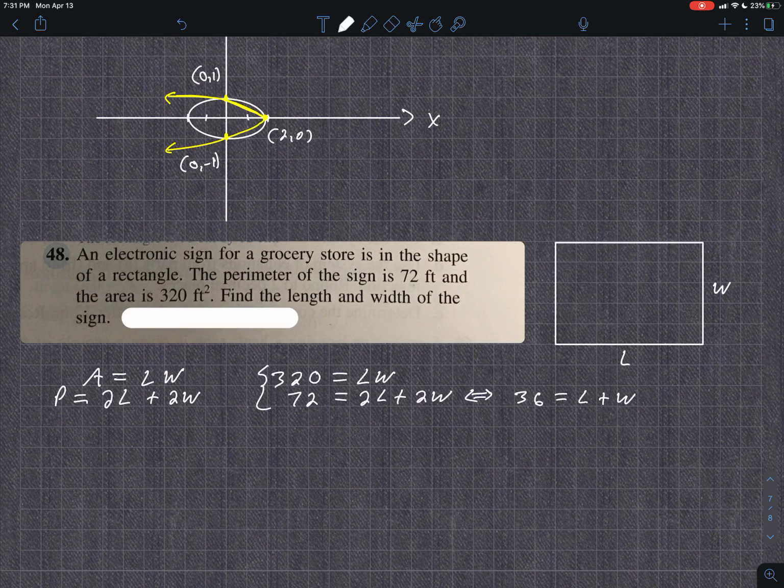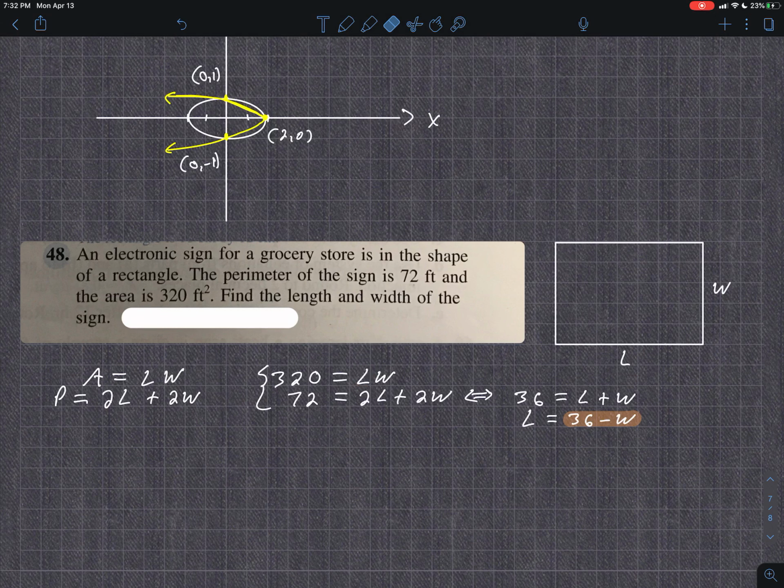Do you see that? So what did I do? I ended up solving for L. So L is 36 minus W. And then take that, 36 minus W, and substitute right here. Okay, so then you get 72. No, sorry, I don't want to use 72. Use the 36.